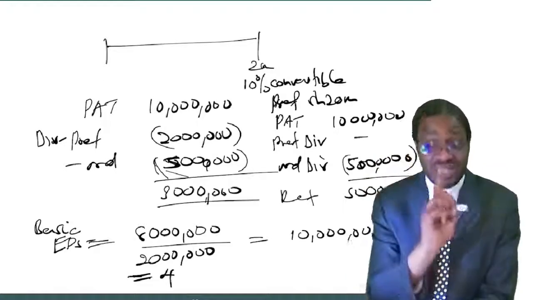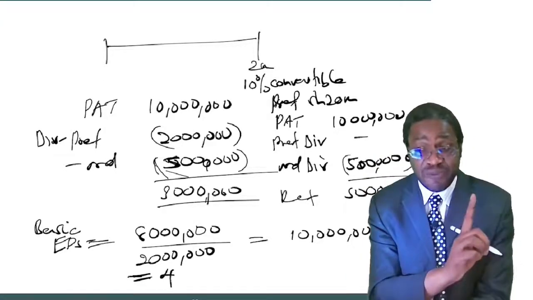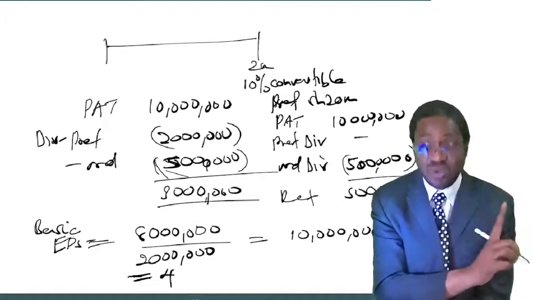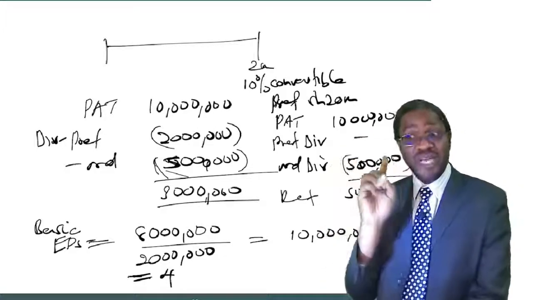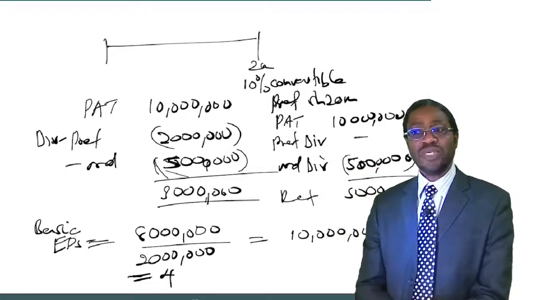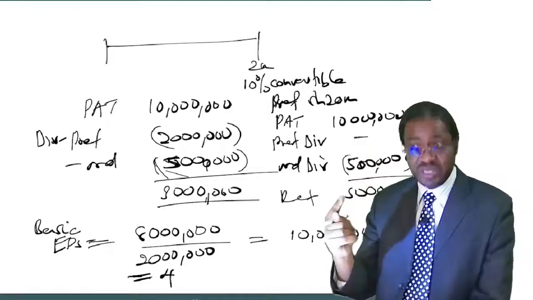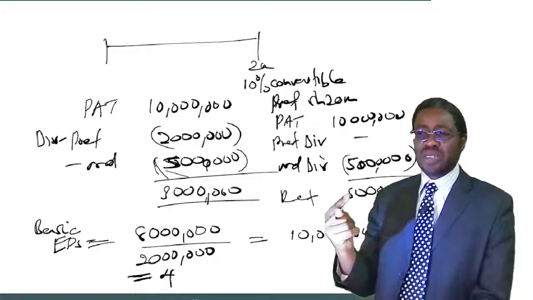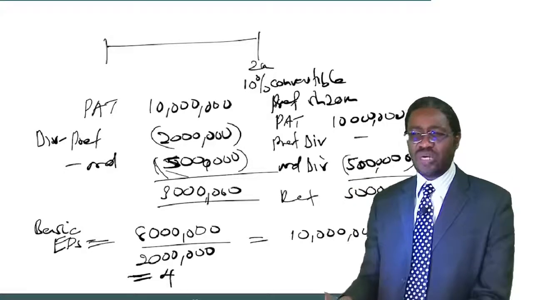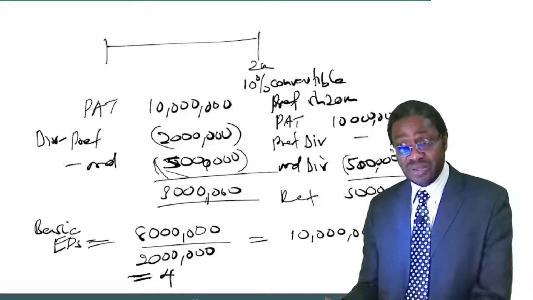But don't forget, had they converted the preference shares issued many years ago, this year I would not have paid them any dividend. It is a dividend I would have saved. So our earnings attributable to the ordinary shareholders would have been 10 million.